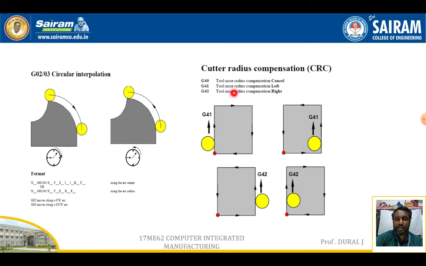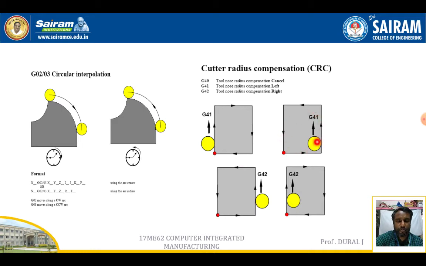Okay. Then comes tool nose radius compensation. G41 means this is the axis. From the axis, if it has to pass outside, we can use G41. Inside it has to be moved means G42. Here I made a little mistake. So if it moves outside, that is G41.